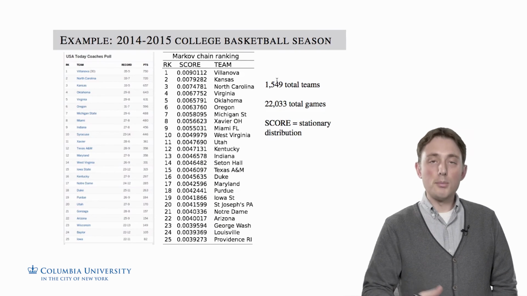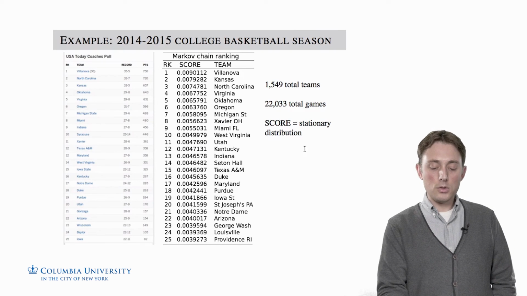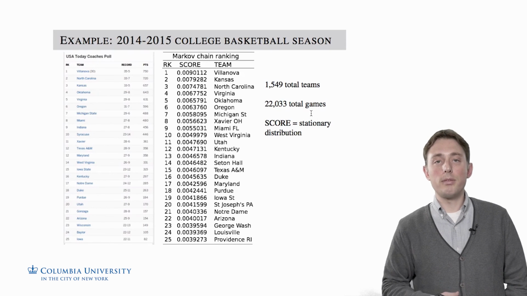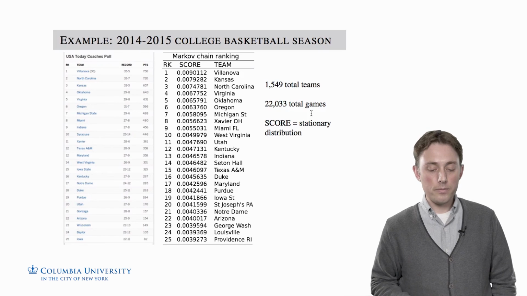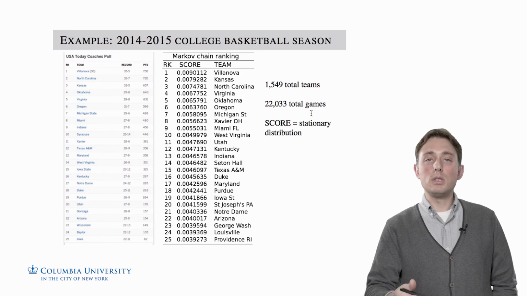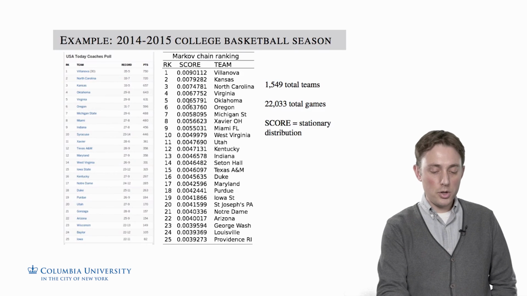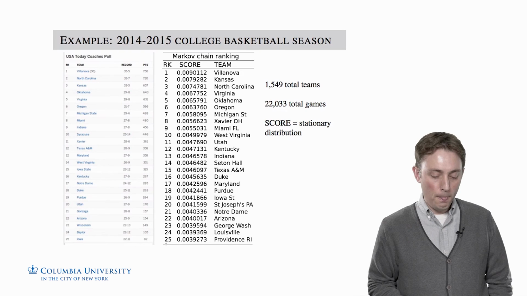I created a Markov chain exactly like on the previous slide. I found the stationary distribution by finding the first eigenvector of the transpose of that chain and normalizing, and then ranking the teams based on the probability in that stationary vector. So that's what's shown here. These are the 25 most probable teams.